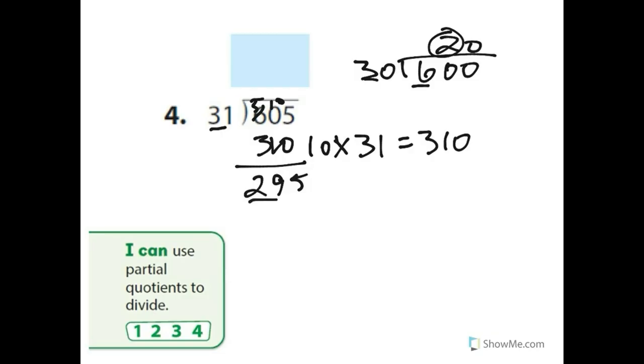What digit am I going to try? I'm going to try 9, just because they're really close to each other. So, 31 times 9. 9 times 1 is 9. 9 times 3 is 27. 279.